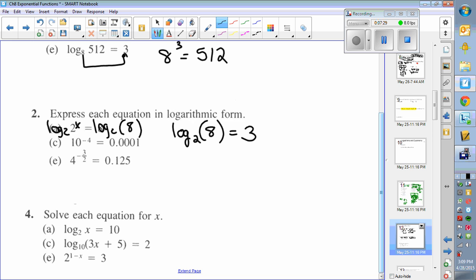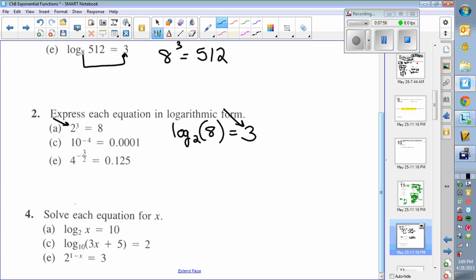Log to base 2 of 8 will be 3, and the log to base 2 of 2 to the x will be x. It will go away, and x will equal 3. So you're starting to see what you would use these logarithms for. They undo a power. If you want to undo this power of 2 to the 3, you take the log to base 2 of it, and the answer comes out to 3.